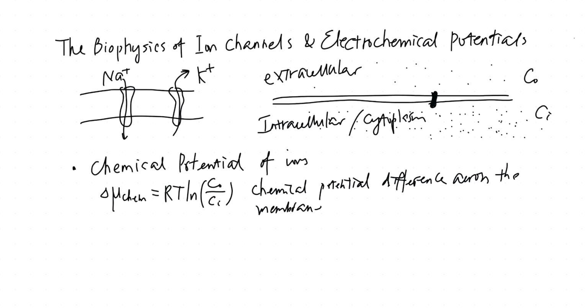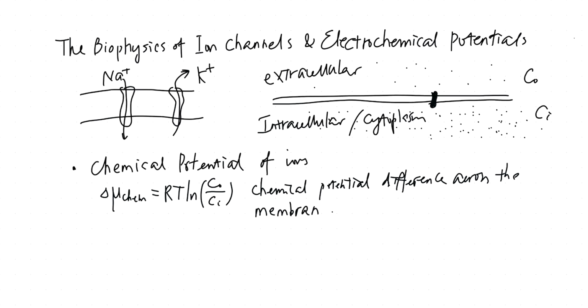Well, you may wonder how do we define the direction? Is it the difference between in and out, or between out and in? There is no correct way to do it. It's usually a convention taken by whoever chooses to model the system. In the expression I'm giving, in the logarithm, C naught is on the numerator and Ci is on the denominator.